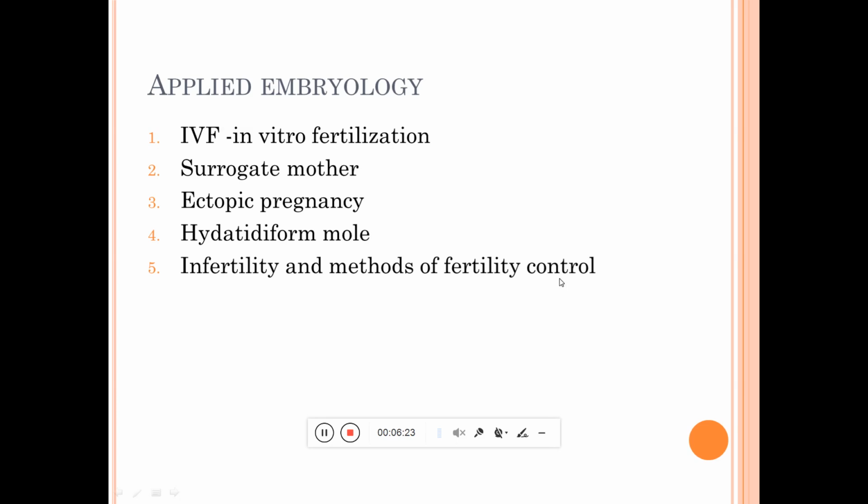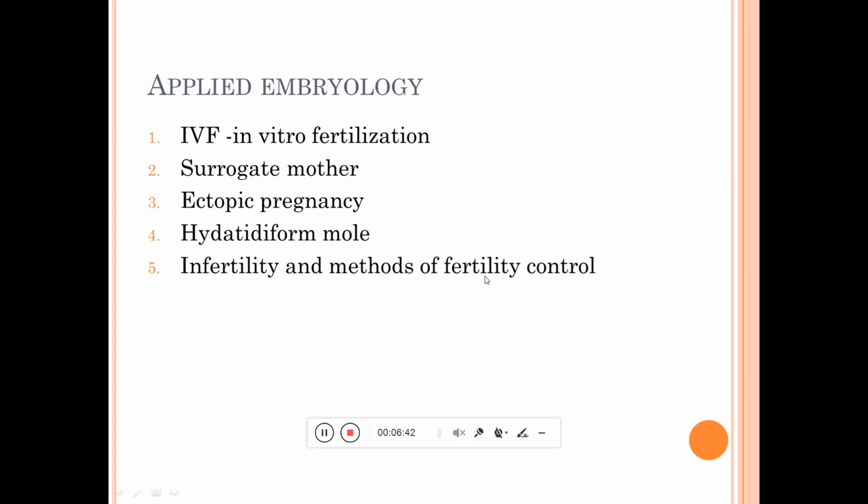And one more thing: which methods are responsible for controlling fertility? If a couple doesn't want a baby, the methods they use are known as methods of fertility control or methods of family planning.